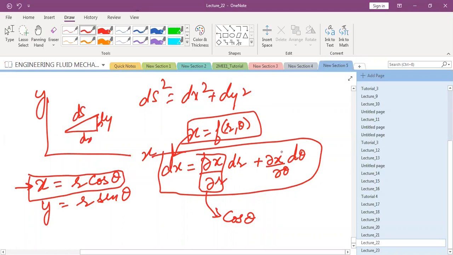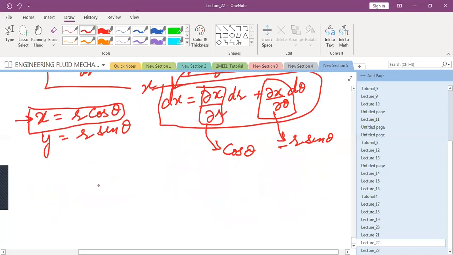What about curly x by curly theta? Minus r sin theta. So what do I get? dx is equal to cos theta dr minus r sin theta d theta.